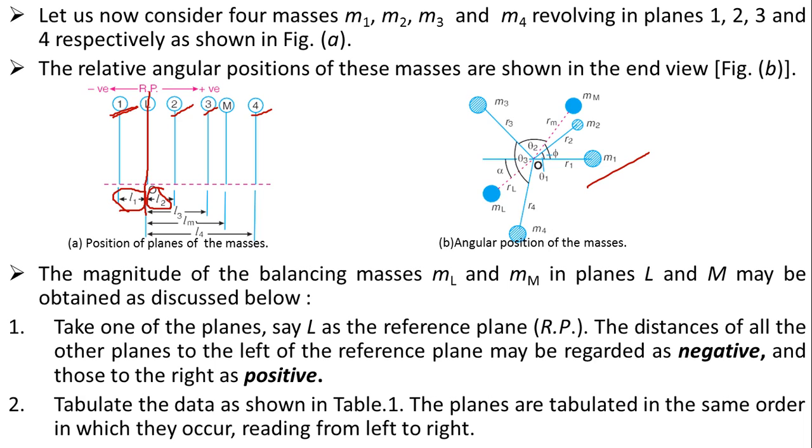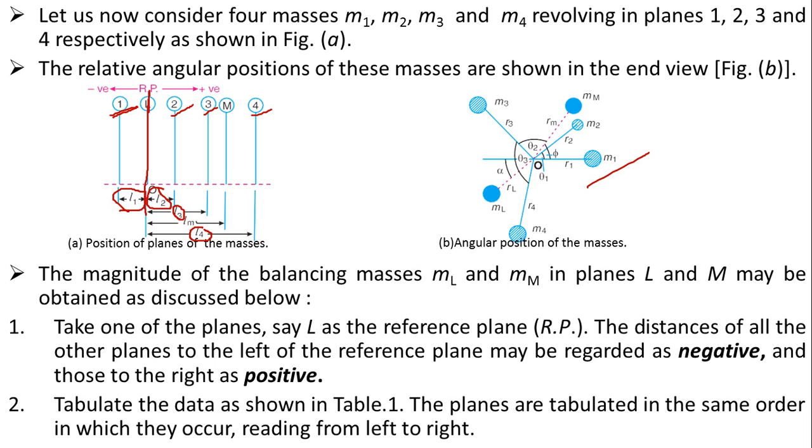Then in the same way for mass M3 we consider L3, and for the fourth mass the distance L4. And here, only one mass you are not going to use for balancing. So for 4 planes we are using 2 different masses at 2 different planes to balance it. So apart from the 4 masses, you need 2 extra masses at 2 different planes.